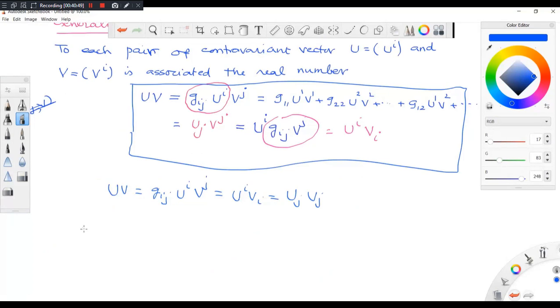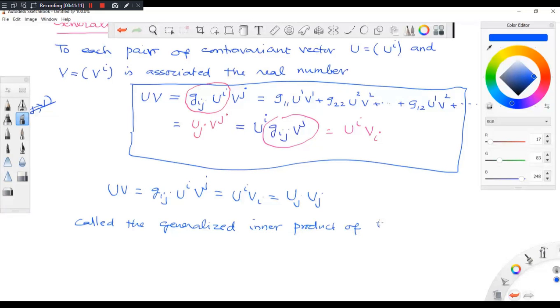So that is called the generalized inner product of u and v.